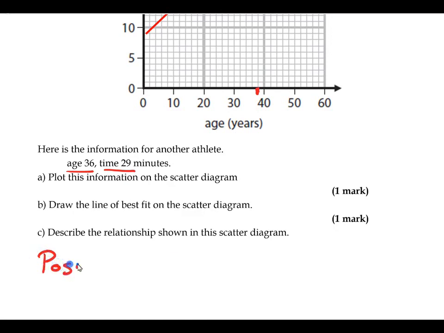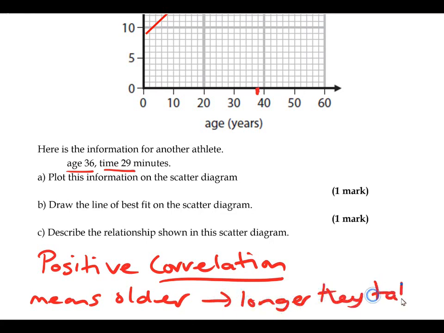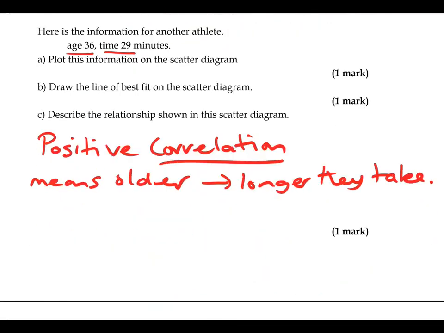It shows positive correlation, and this is the buzzword they're looking for that relationship, and it means the older somebody is, the longer they take. And again, that is worth 1 mark.